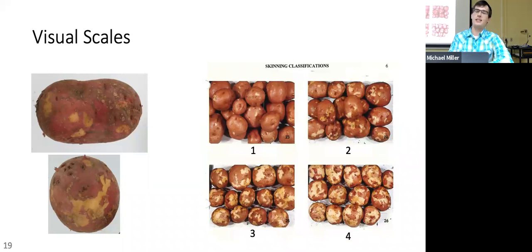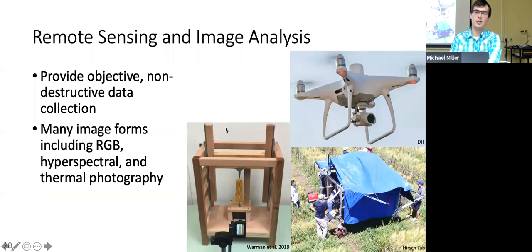And so this is a problem that we'd like to solve through remote sensing and image technologies. Remote sensing is technically just getting data without making contact with the thing you're getting data from. Usually we do this through light. Technically our eyes are remote sensing devices, and image analysis is getting actual data from the output of those sensing devices. There are many types of imaging that would be types of remote sensing.